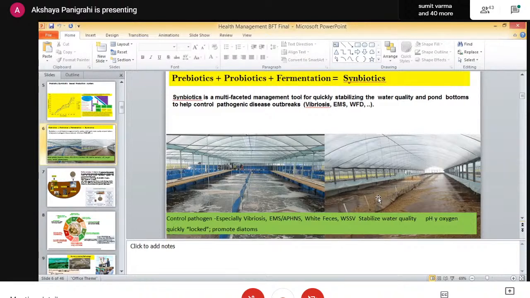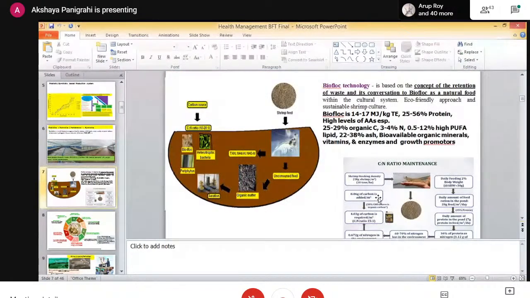For example, with vibriosis, early mortality syndrome, white fecal or WSSV, when we use this kind of symbiotic system or bacterial or yeast fermented product, which farmers know how to use as organic juices, which Indian farmers have done for the last 20-25 years, these systems, prevalent just before biofloc, show that we can better approach the health challenges.